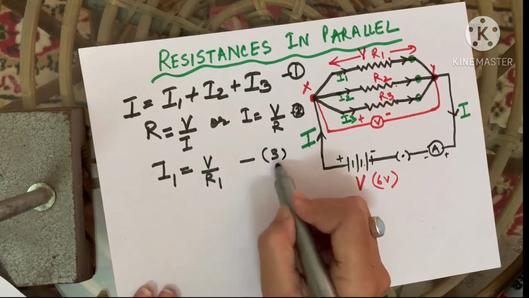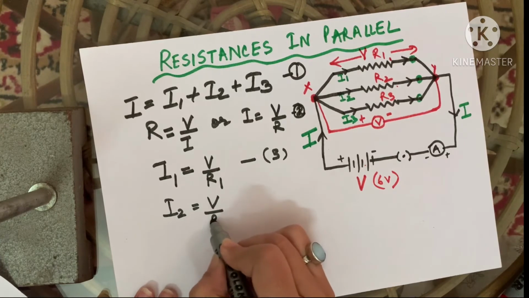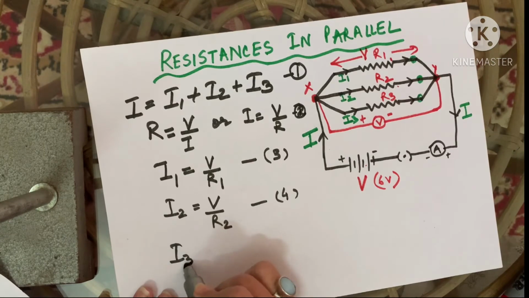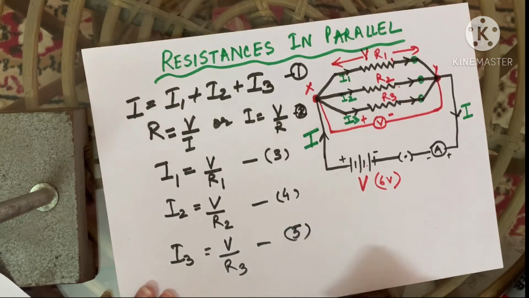This is the second equation. I2 is equal to V upon R2. This is the third equation. And I3 is equal to V upon R3 is the fourth equation.